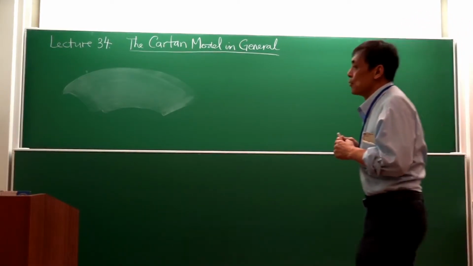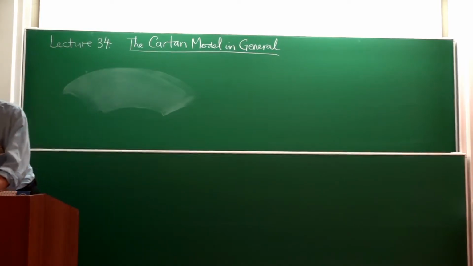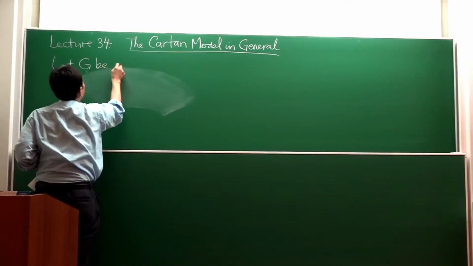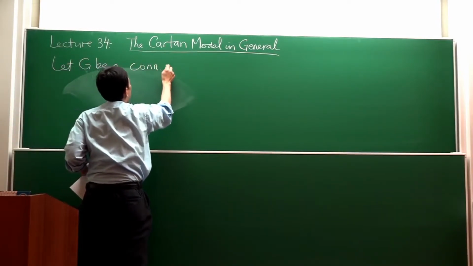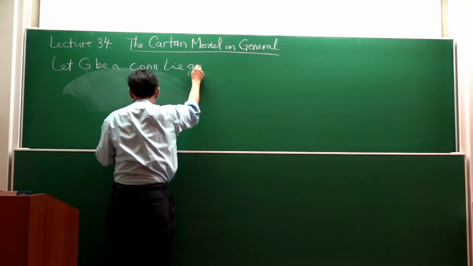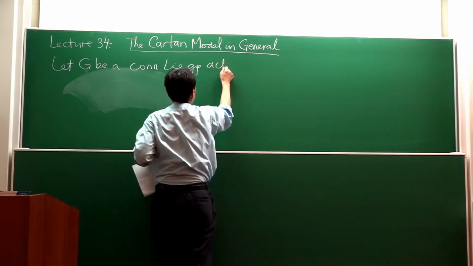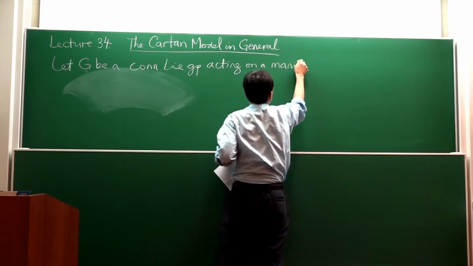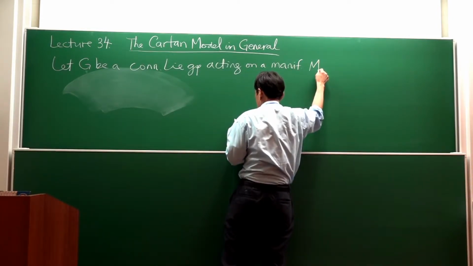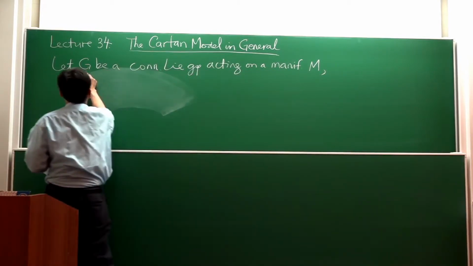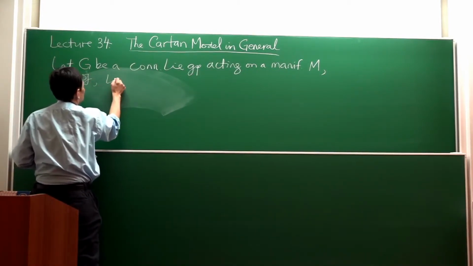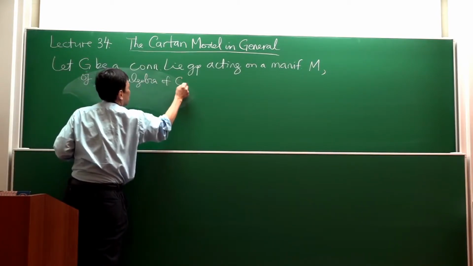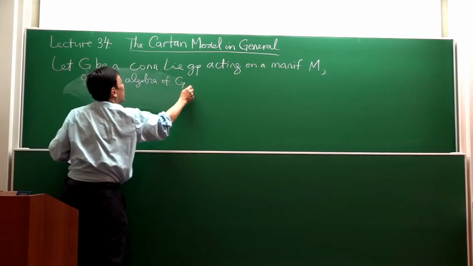Okay? So today G will be a connected Lie group acting on the manifold M, and 𝔤 is the Lie algebra of the Lie group G, okay?